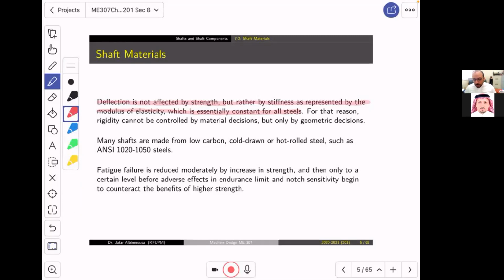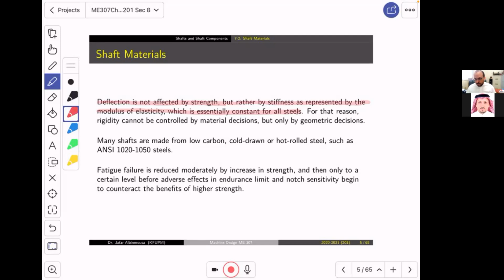So in other words, ya shabab, if you made the design and the design was safe, the factor of safety, let's say, is 2.5. Let's say you discover that the deflection was high. It doesn't matter, ya shabab, if you go and say I am using steel which has higher ultimate strength and the deflection will get better.